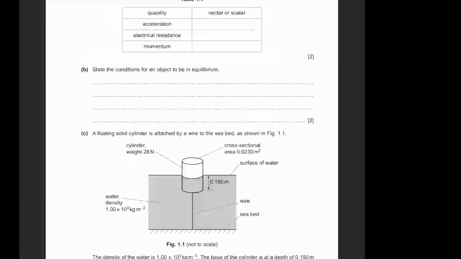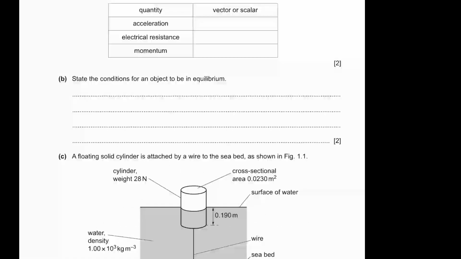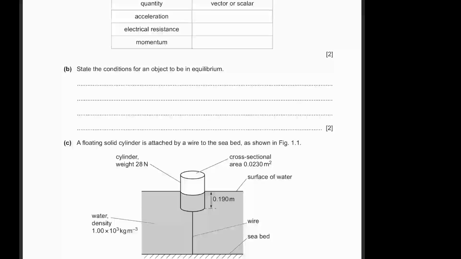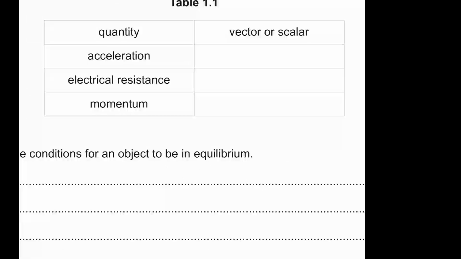May, June 2021, paper 22. Question number 1. Complete the table by stating whether each of the quantities is a vector or a scalar. So guys, acceleration is a vector.